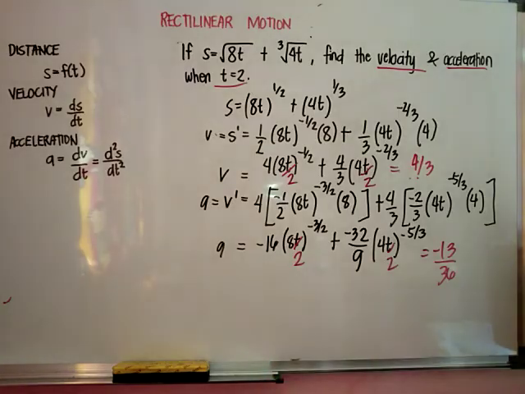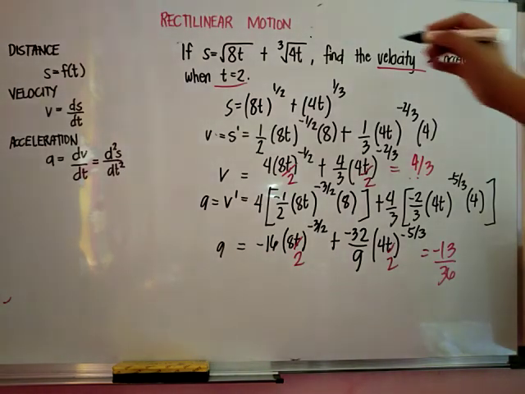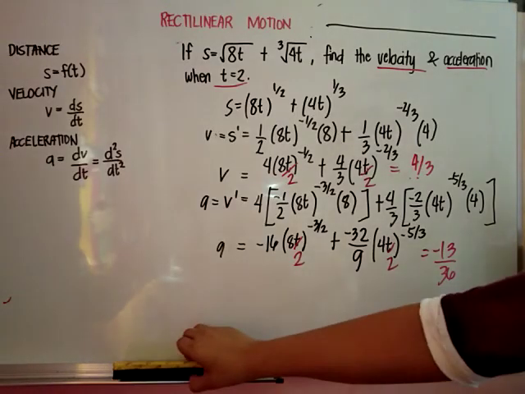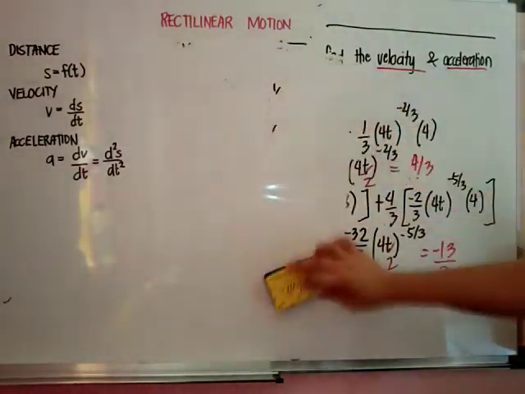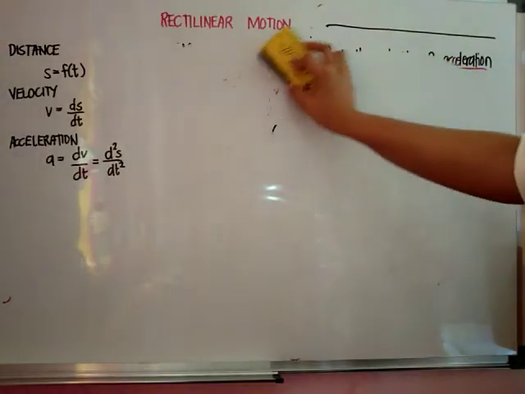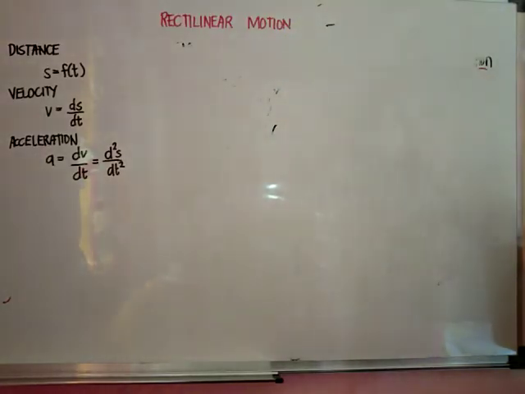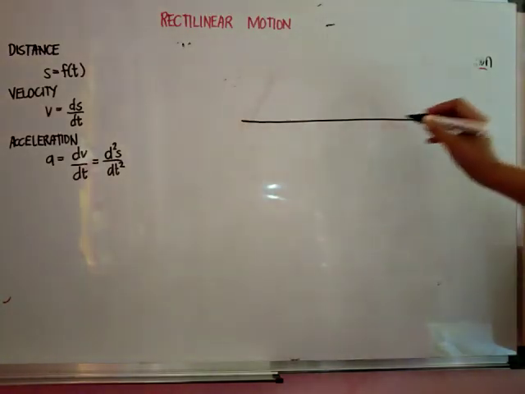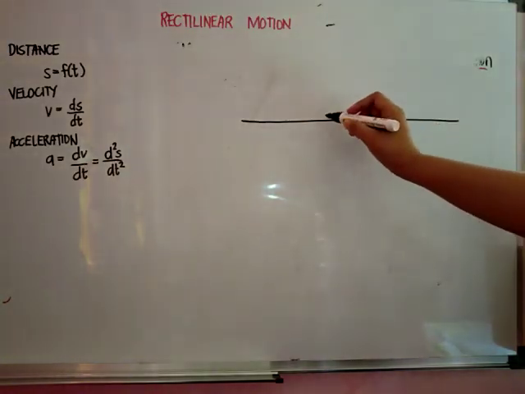So, additional information, halimbawa, ganito siya. Di ba yung dinescribe natin kanina, yung motion ng particle, na nag-travel siya. Sige, i-erase ko na lang itong equation. So, halimbawa, ito yung straight line wherein nag-travel yung particle.